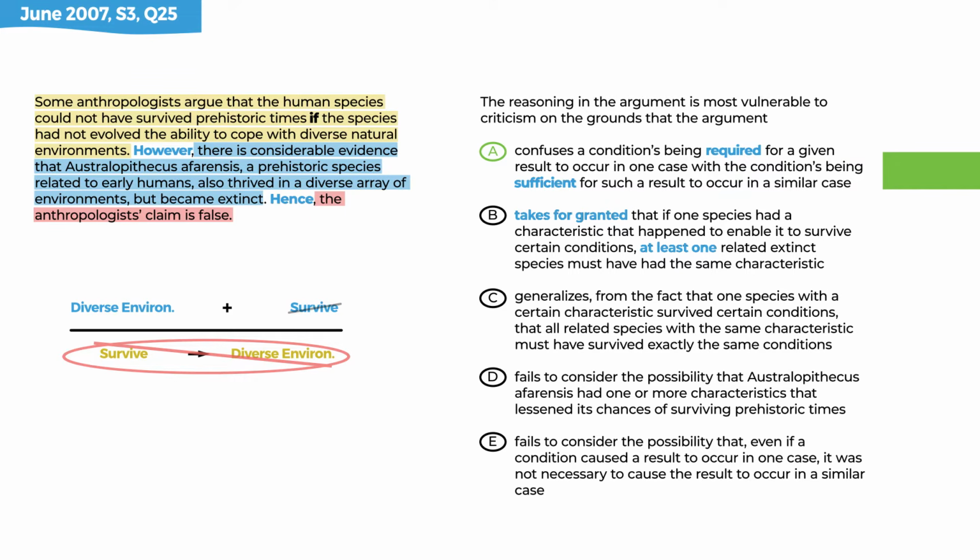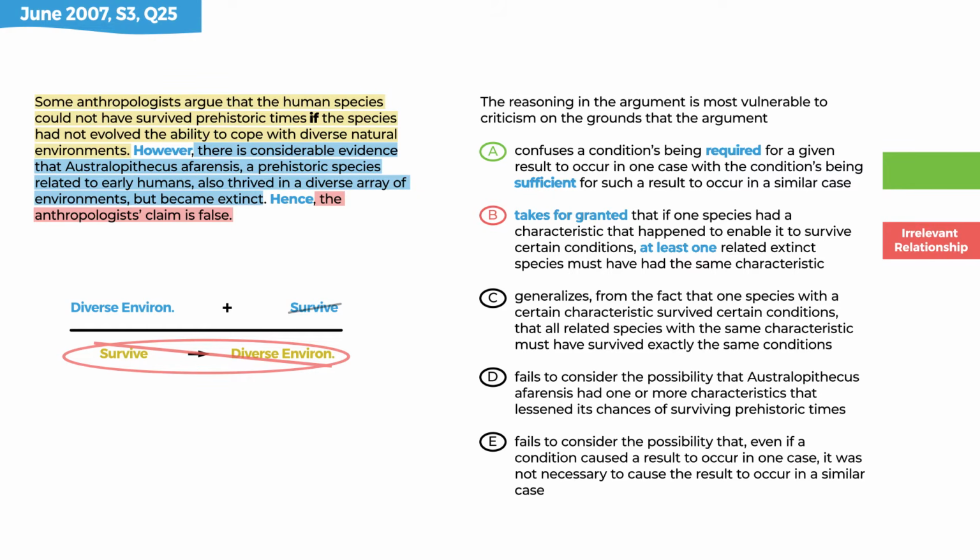This is suggesting that the conclusion of the argument is that Australopithecus afarensis was able to cope with diverse environments. But that's actually the evidence for why the relationship by the anthropologists is false. So answer choice B gets one of the terms wrong when it says enables instead of required. And then it reverses the argument by suggesting that the evidence of the argument is actually the conclusion of the argument. And so answer choice B is wrong.